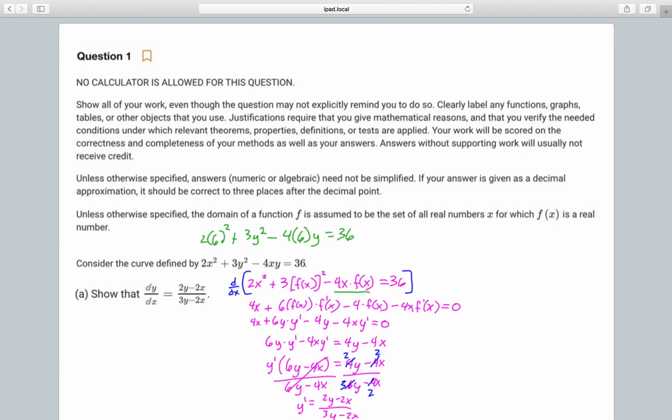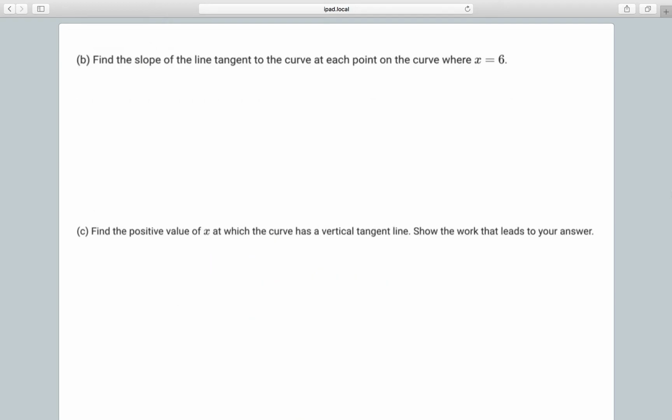Okay? So let's simplify that a little bit. What do we have here? 6 squared is 36, so 72 plus 3y squared minus 24y equals 36. So that's going to come out to a trinomial that's 3y squared minus 24y, and if I subtract the 36 from the other side, I get plus 36 equals 0. All right, so let's go to this page.